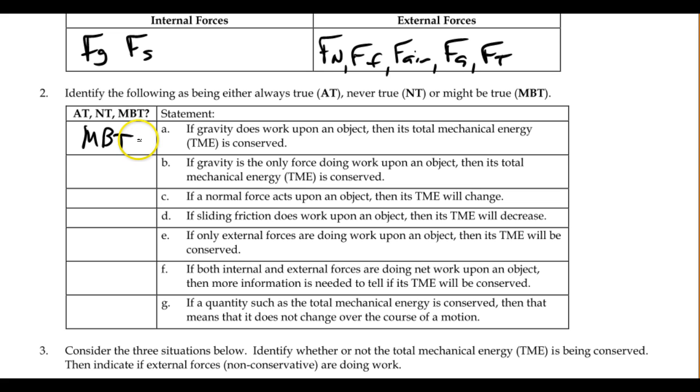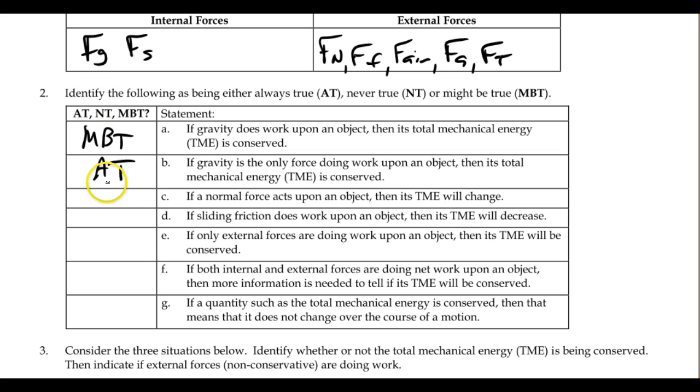If only another force like a spring force, which is internal, would act upon it, then it would also be conserved. But if any of the external forces act upon it, it will not be conserved. If gravity is the only force, then that's going to be always true. It will be conserved. It's an internal force. If only internal forces act on the object, the total mechanical energy will be conserved.